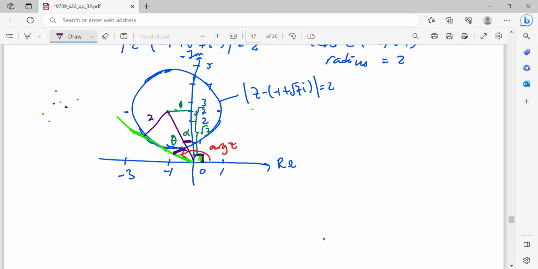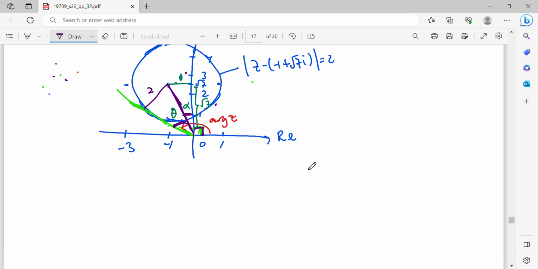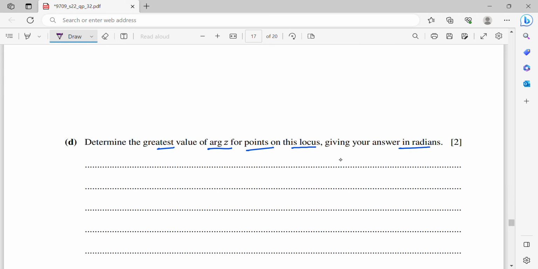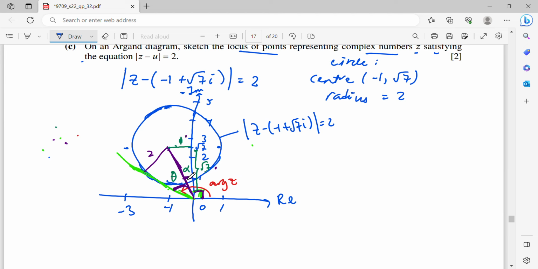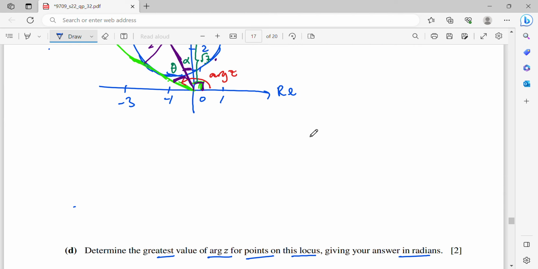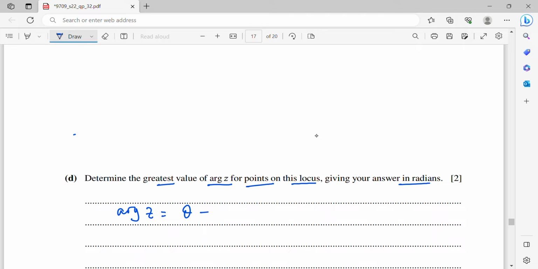And then this length can be found using Pythagoras theorem, which is square root 7 squared plus 1 squared. So now my argument z, I will write argument z equals theta plus alpha plus half pi.